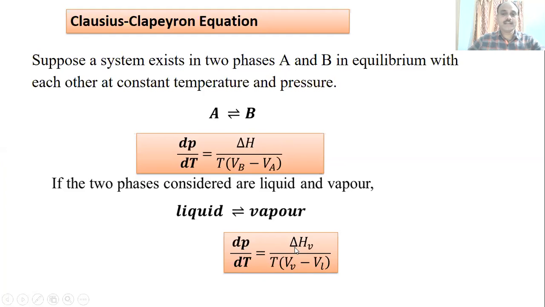Here delta HV is the change in enthalpy for the vaporization process, VV is the molar volume of the vapor minus the molar volume of the liquid, and T is the temperature at which this process takes place from liquid to vapor.